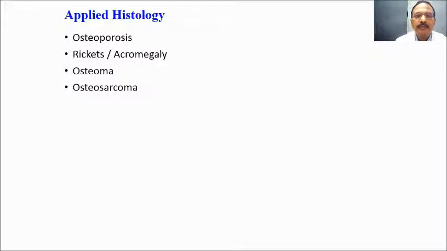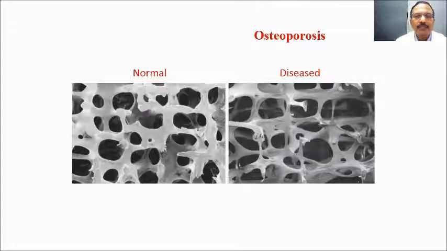Coming to the clinical part of bone tissue, there are a lot of problems associated with bone histology. One is osteoporosis, another is rickets or osteomalacia. Osteoporosis is a result of abnormal bone resorption.